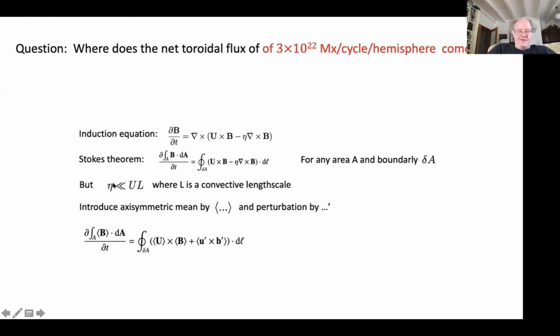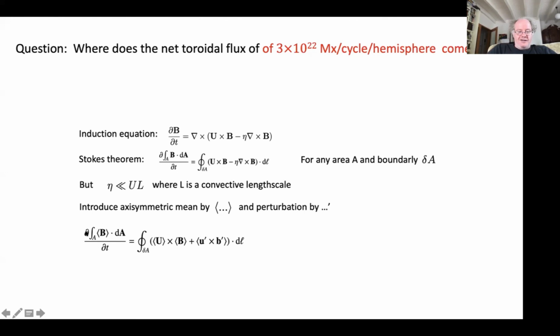The molecular diffusivity is incredibly small, so we can drop this term. And we're going to make the velocity term a little more complicated by splitting it into an axisymmetric, azimuthal mean, for which I'll use these brackets, and small scale parts. So u is equal to its axisymmetric mean plus some part which is not the axisymmetric mean.